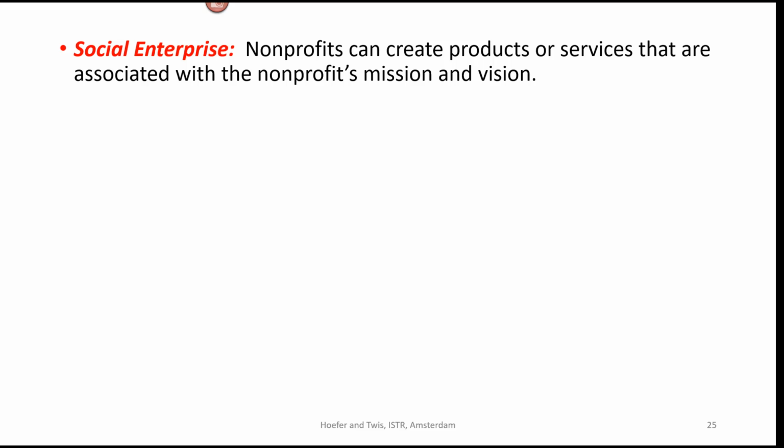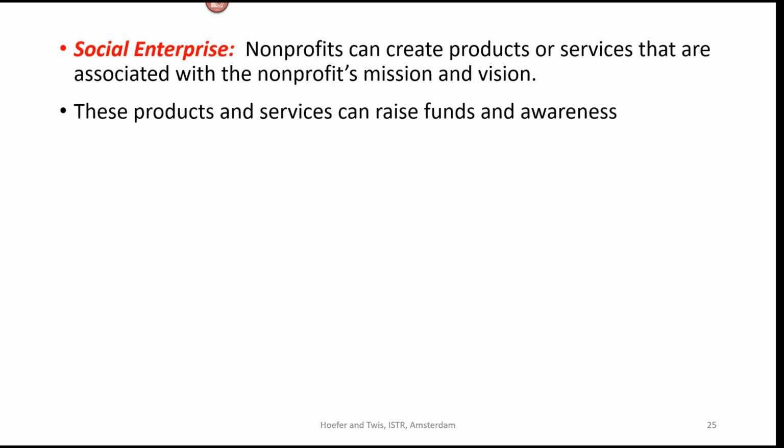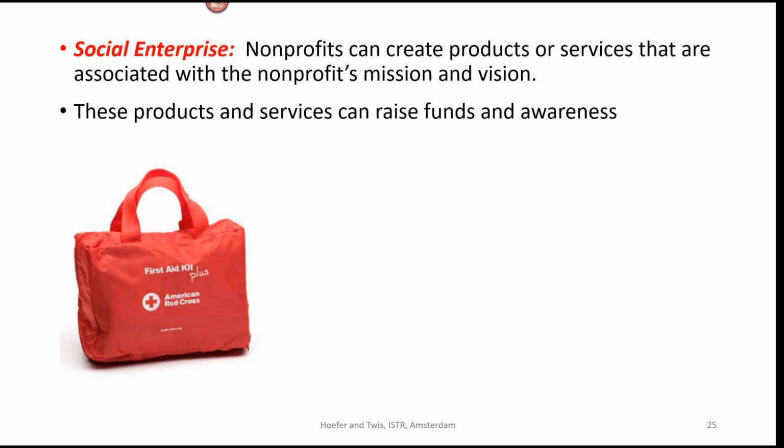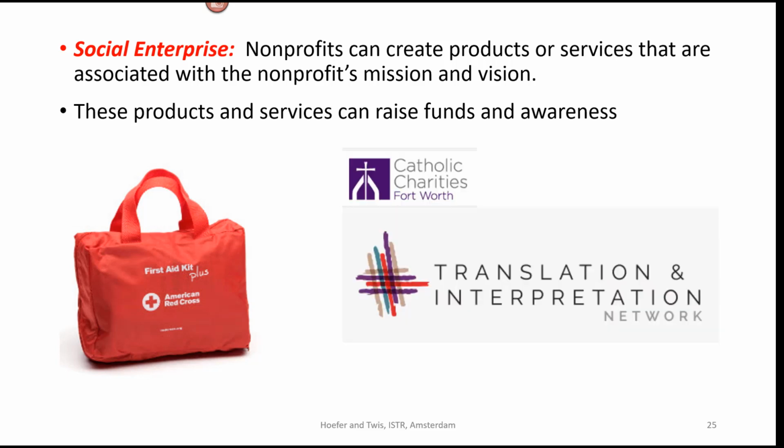Social enterprise is useful here. Nonprofits can create products or services that are associated with the nonprofit's mission and vision. These products and services can raise funds and awareness, and this is helpful when you're dealing with people in this long-term shallow situation or quadrant. The Red Cross, for example, sells first aid kits, and this not only provides income but awareness.